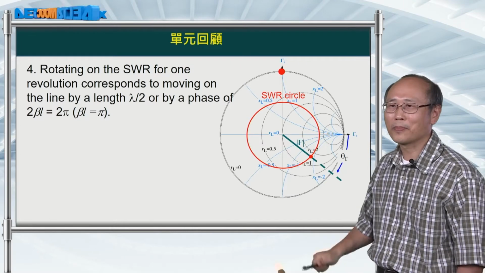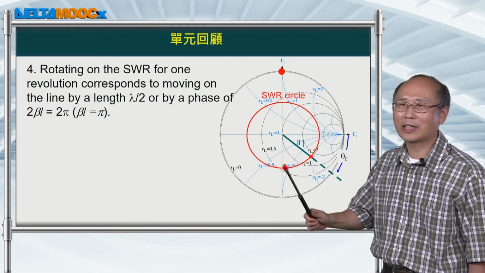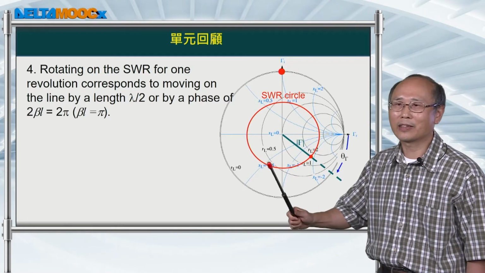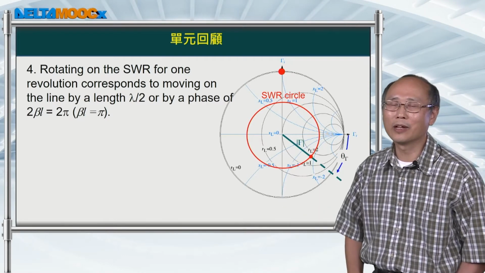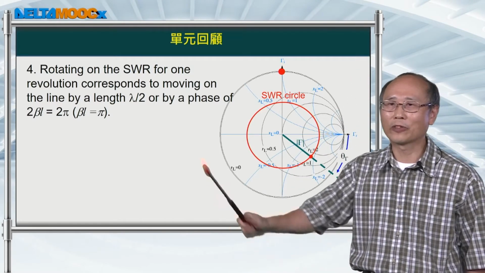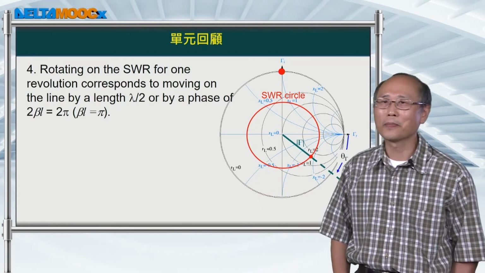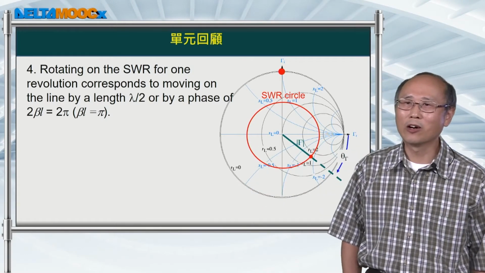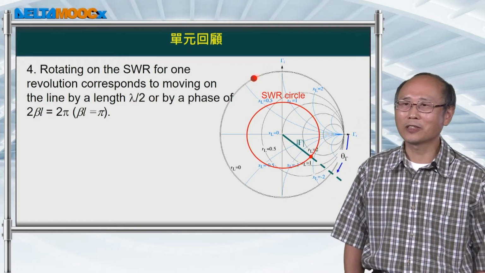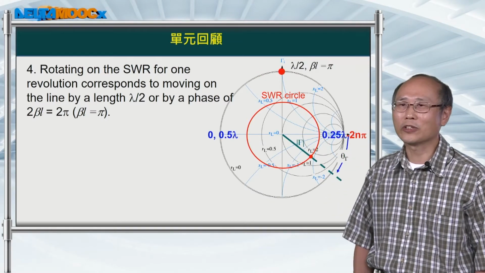This means that you can move the load point along this SWR circle over some distance, and that distance can be converted into a length in units of wavelength. If you move a whole circle, then you will be moving over a length of half a wavelength. This is a little cartoon to show you the situation.